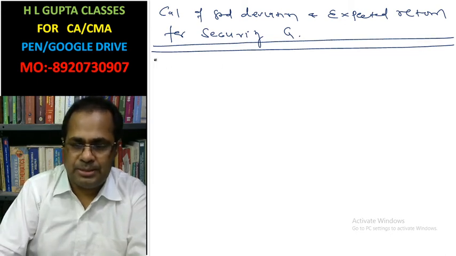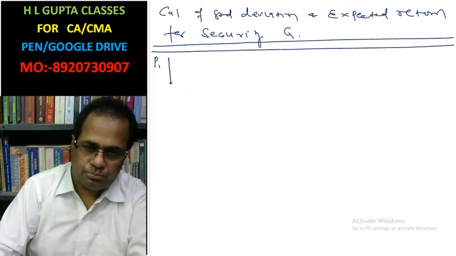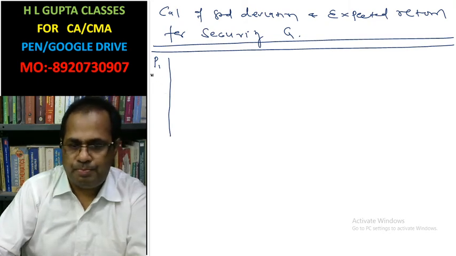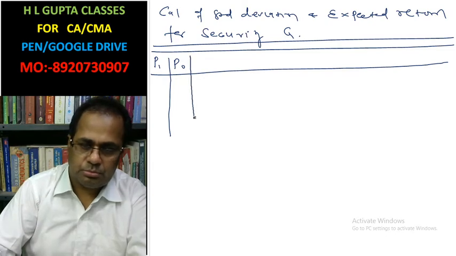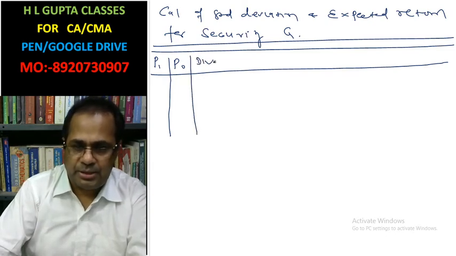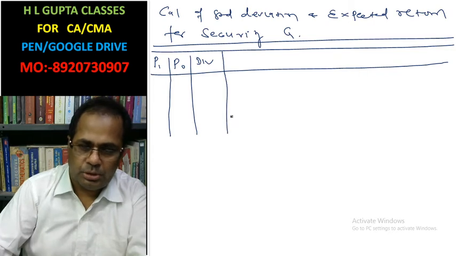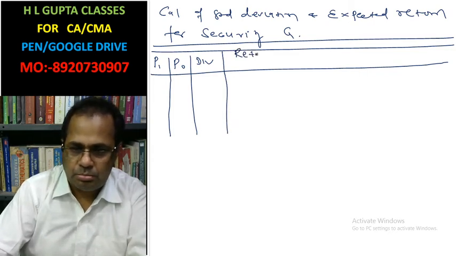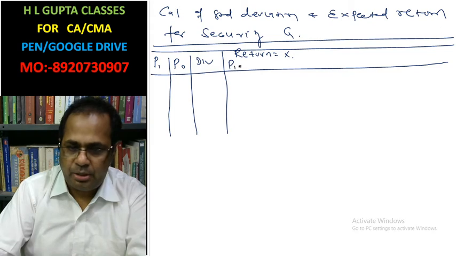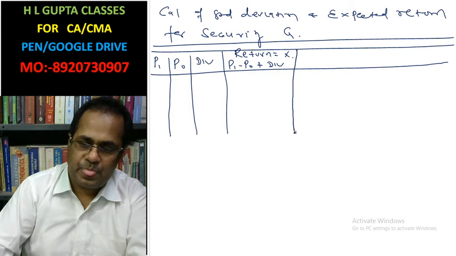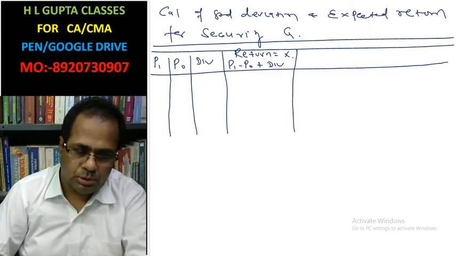You have to apply the same here: P1, P0, thereafter here dividend, thereafter you write return. Return is represented by xi. Okay, this is P1 minus P0 plus dividend.